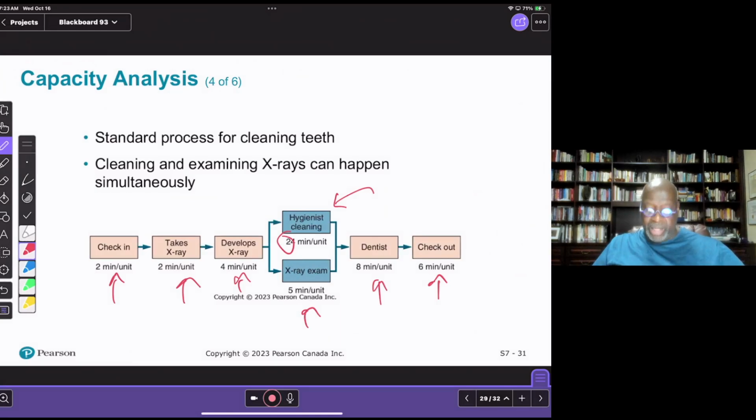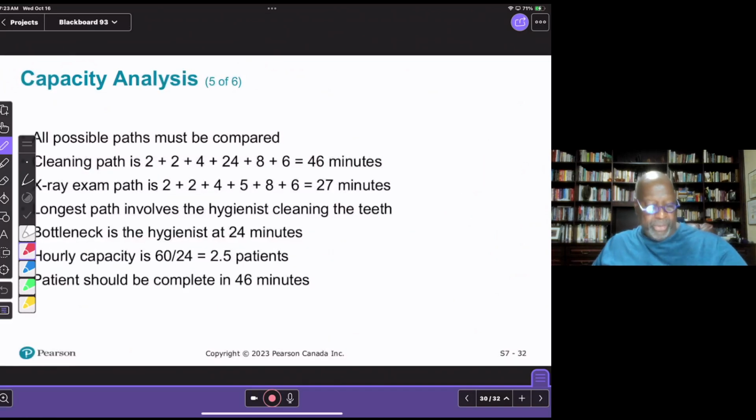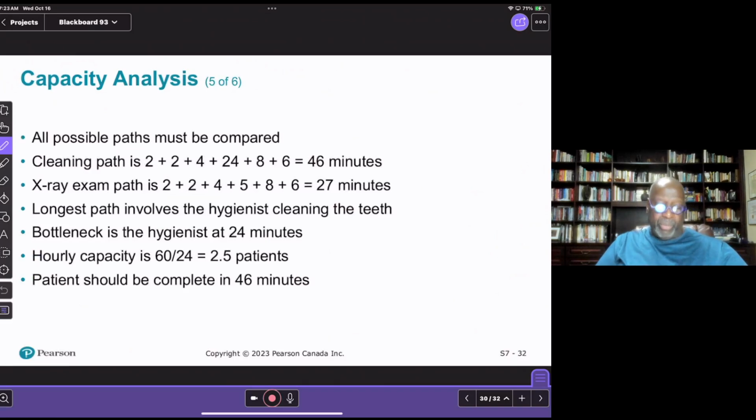Your throughput for that system is the longest path. So 2 plus 2 is 4, plus 4 is 8, 8 and 24 is 32, plus the rest, 46 minutes is the longest path. So if we go through this, all the possible paths must be compared. The cleaning path is 46. The x-ray exam path is 27.